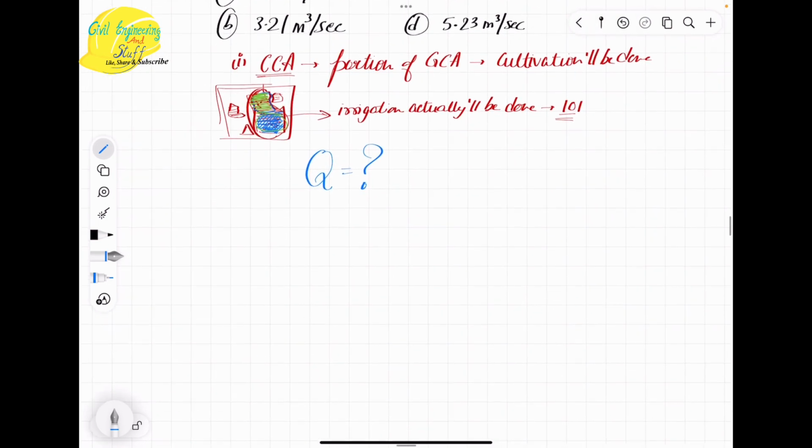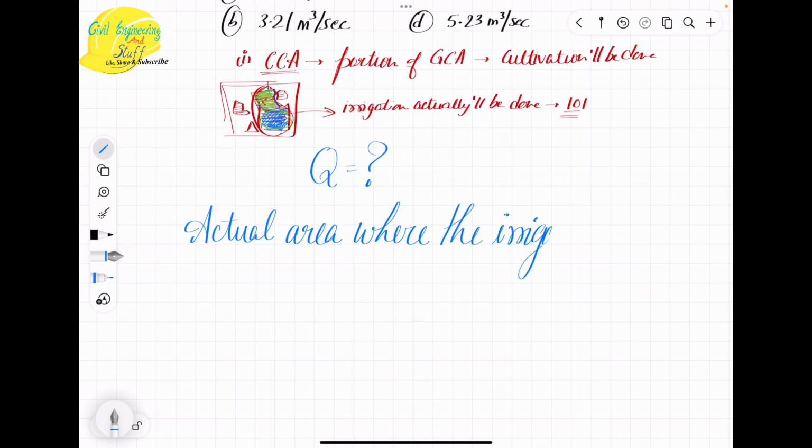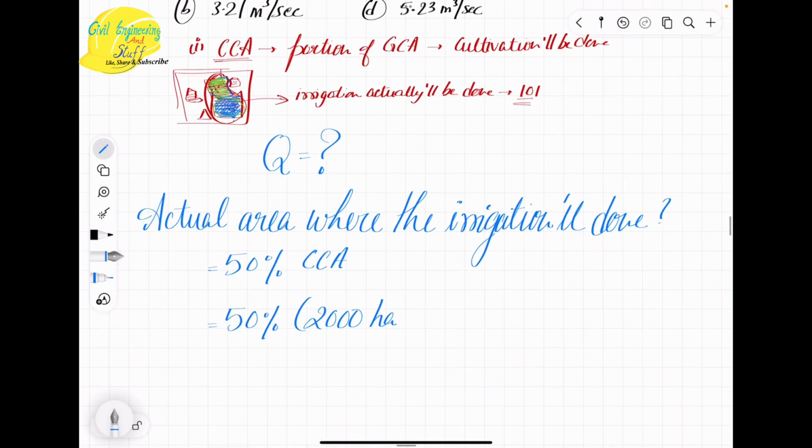So the actual area where the irrigation will be done will be 50% of the CCA value, that is 50% of 2000 hectares.